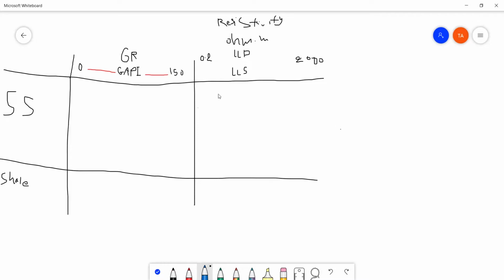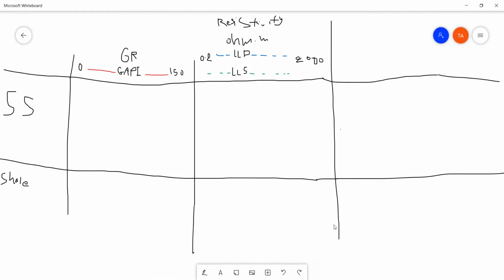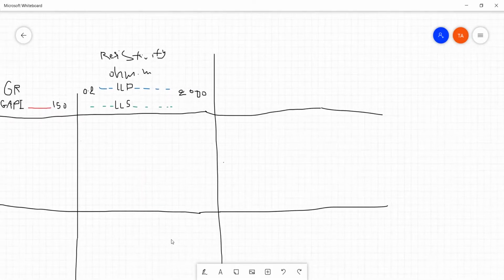Yeah, let's take the blue one for the deep and the green for shallow.